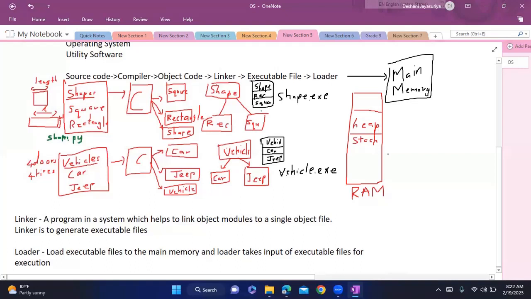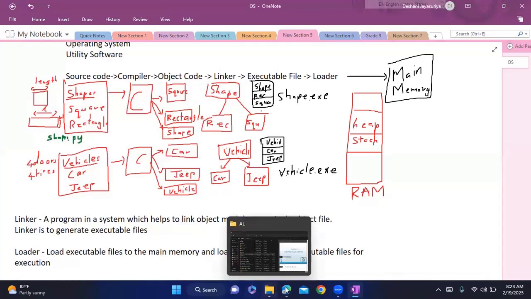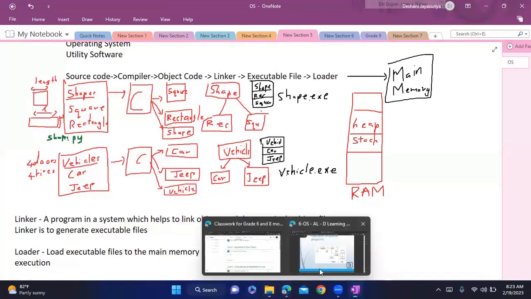So that's how we have these parts. Once we are getting these objects to the loader, I hope you remember this order, and you can go ahead and add that heap and stack thing, because that's important.